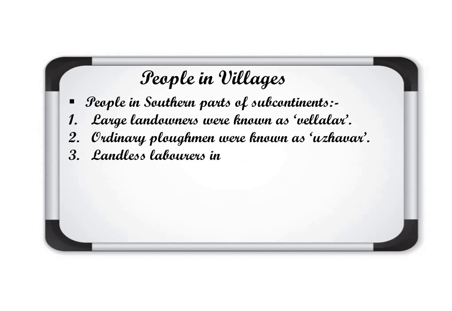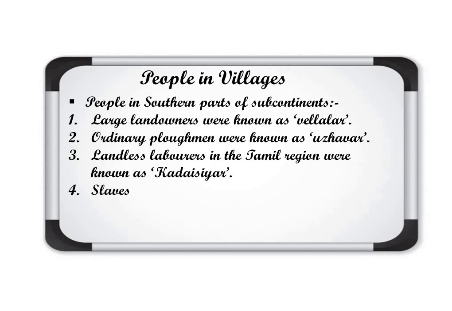Number 3, landless laborers in the Tamil region were known as Kadaisiyar. Landless laborers means the people who did not have their own land, they were just working as labor on others' land. Number 4, slaves were known as Adimai.